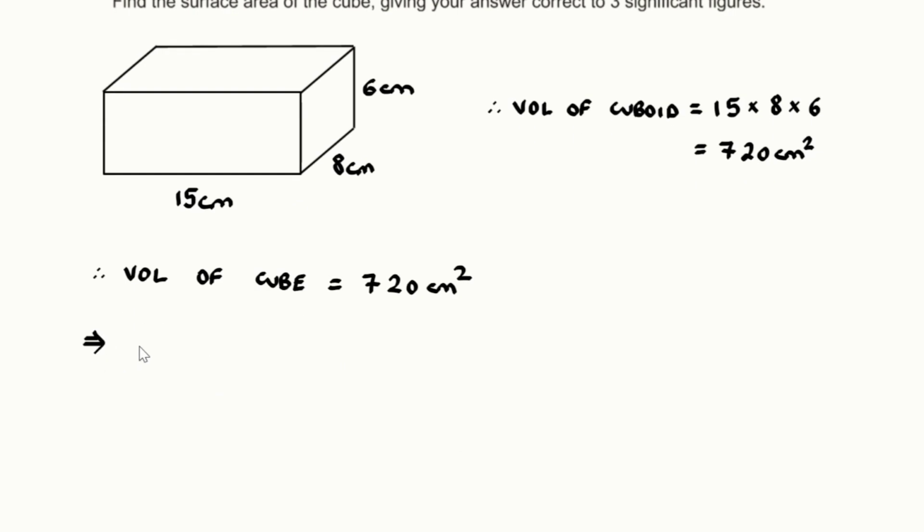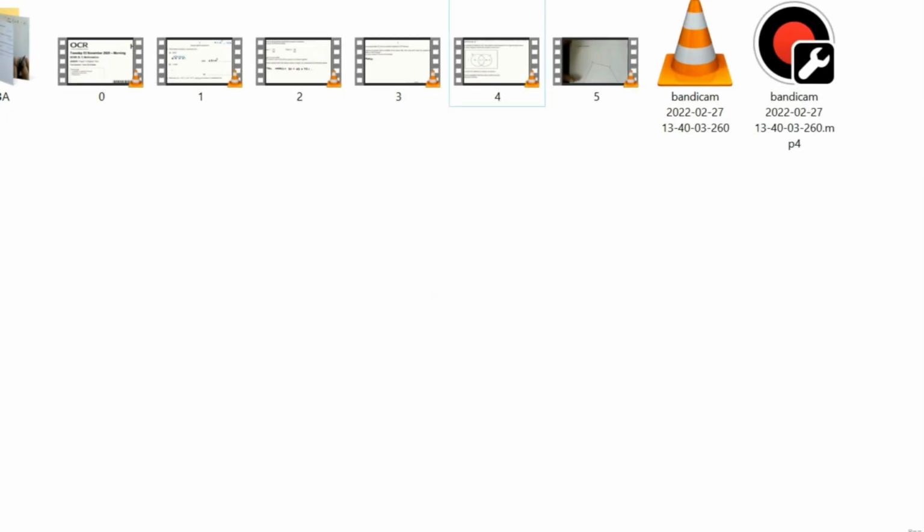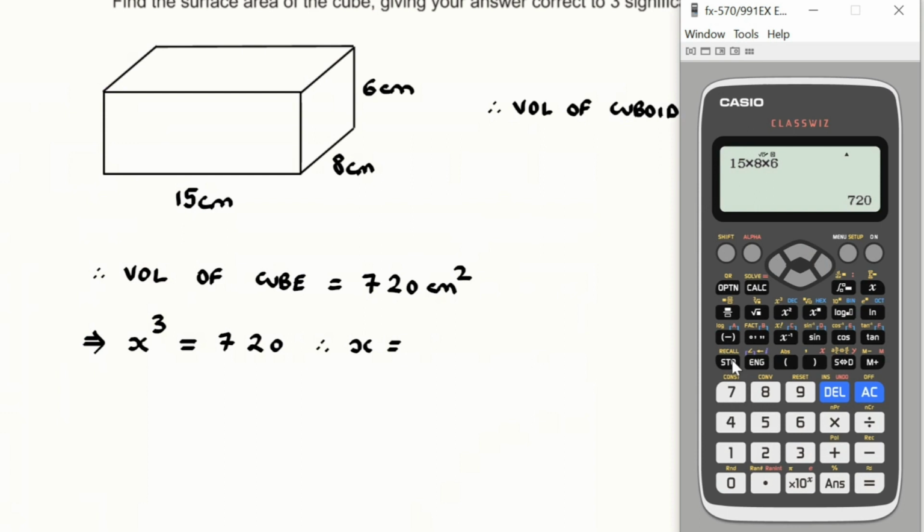Now, if the side length of a cube is x, then x cubed is equal to 720, and therefore x is equal to the cube root of 720. So if I work this out, I get 8.96, etc.